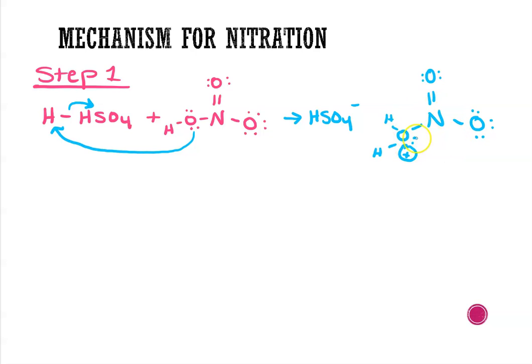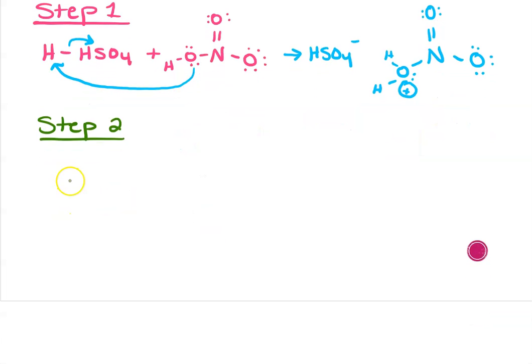So with this complex guy right here, in our next step, our water breaks free from this compound. So we'll just redraw this. We have N, and then an O, and then an O, and an H, and a lone pair, and this is positive. So how does this process work?